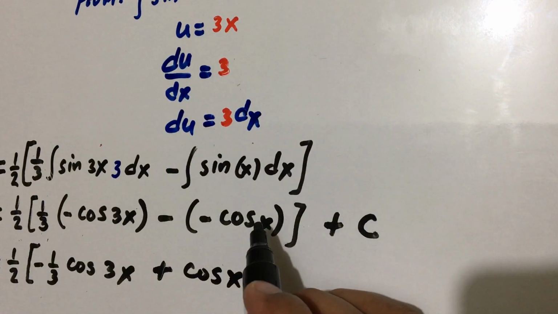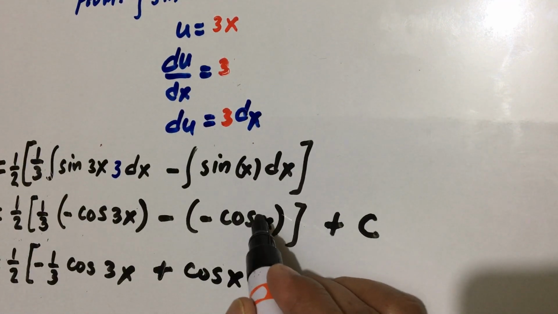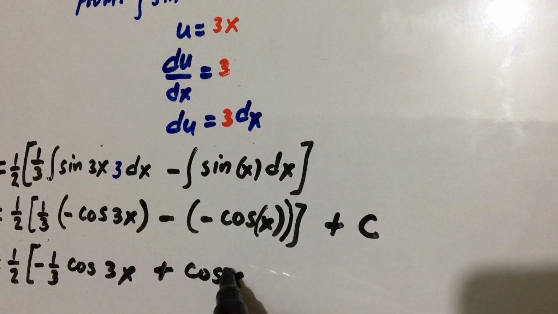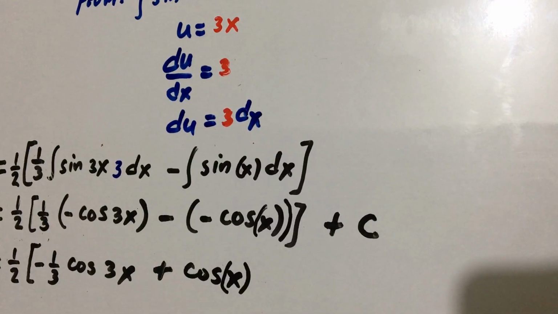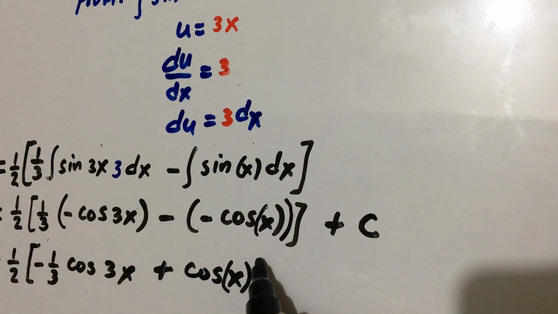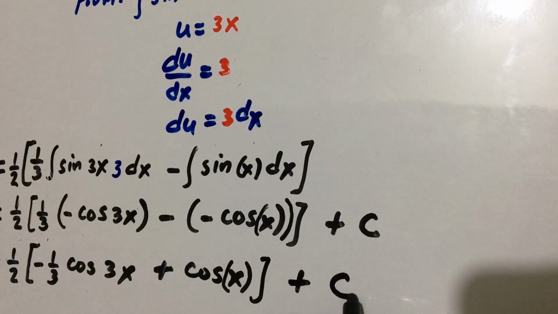You can put x inside the parenthesis, or you may choose not to. So cosine x, something like that, then plus the constant of integration, plus c.